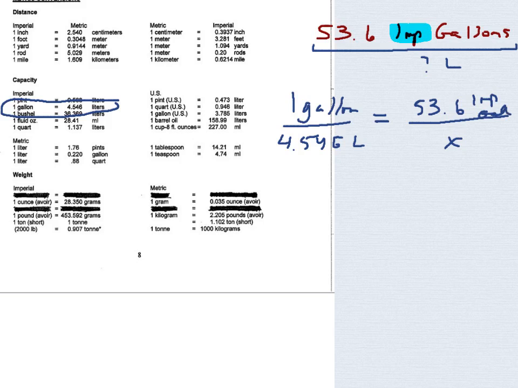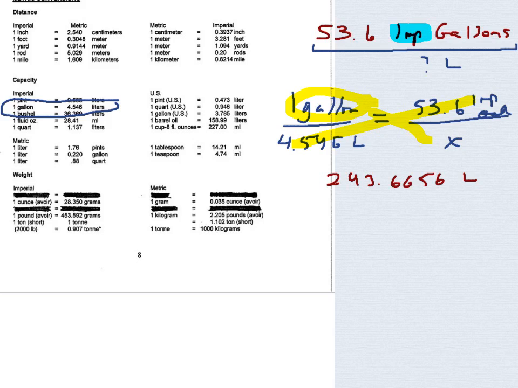The way that this is set up, gallons on the top, liters on the bottom, what we're going to do is multiply 53.6 by 4.546 and then divide by the number that's across on the x. In this case, it's a 1. So our answer is going to be mathematically 243.6656 liters.